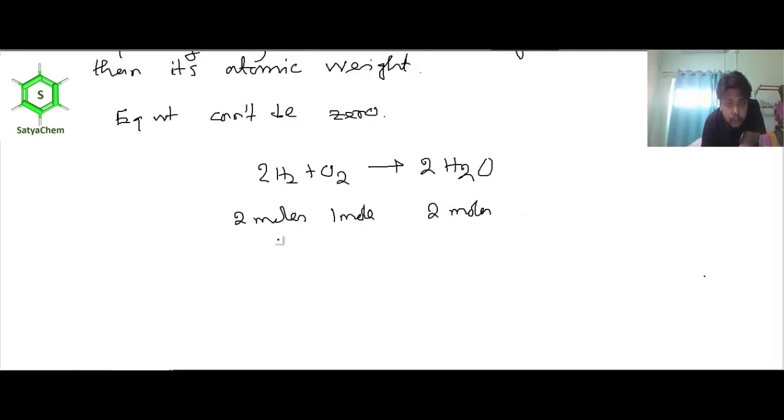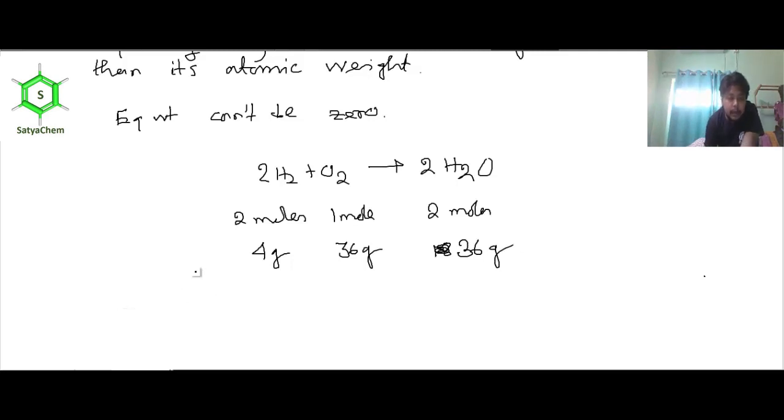So 2 moles of hydrogen means 4 gram, 1 mole of oxygen means 32 gram, and 2 moles of water means 36 gram.